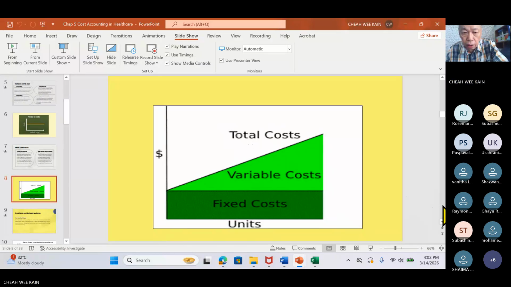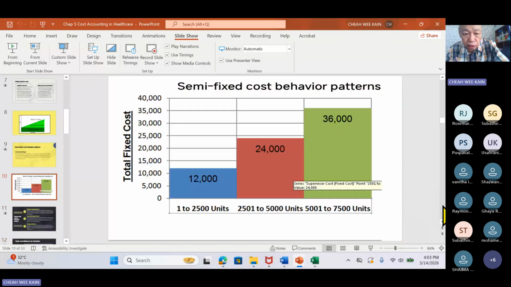The semi-variable cost, if we go by range, maybe you buy needles. If you buy 1 to 2,000, this is the price. But if you buy more, sometimes you have to pay more, sometimes you pay less. Therefore you call it semi-fixed or semi-variable. Sometimes it goes up, sometimes it goes down.